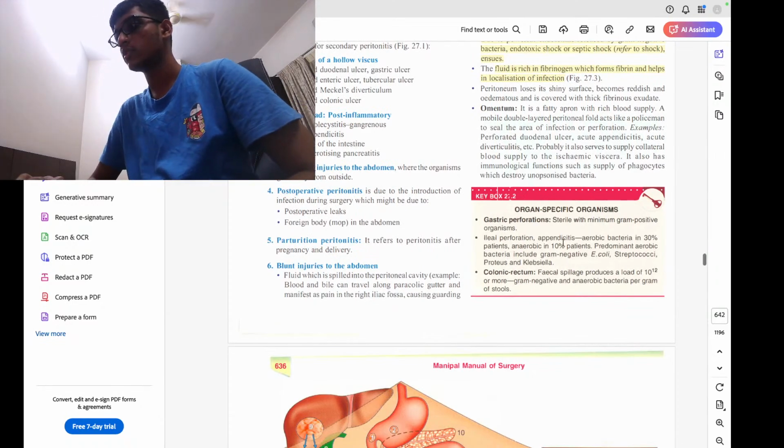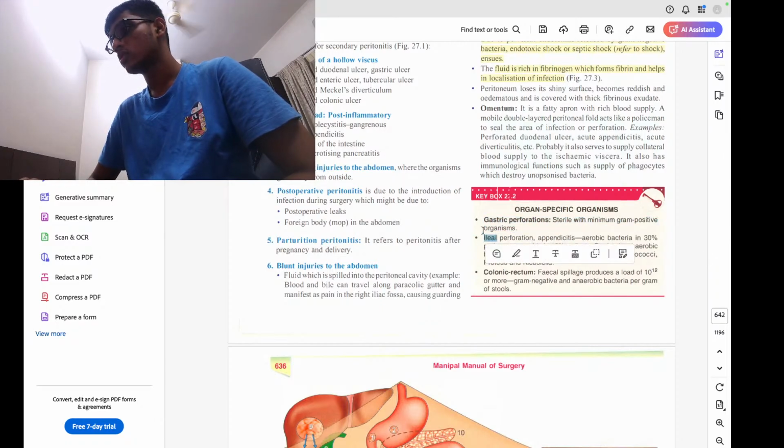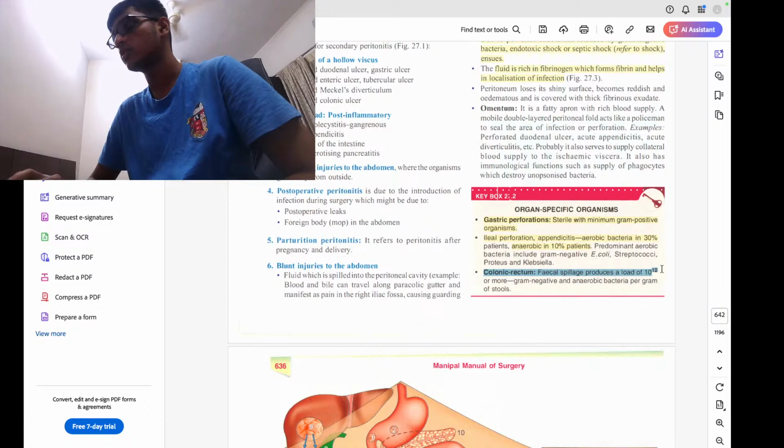Ileal perforation and appendicitis involve anaerobic organisms in 30%, aerobic in 30%, and anaerobic in 10% of patients. In the colon and rectum, fecal soiling has a load of 10 to the power of 12 or more of gram-negative and anaerobic bacteria.